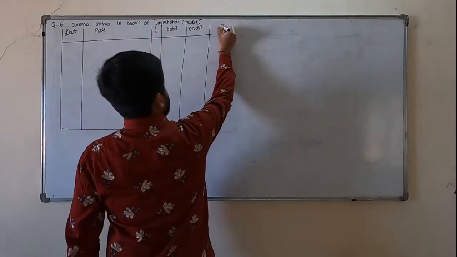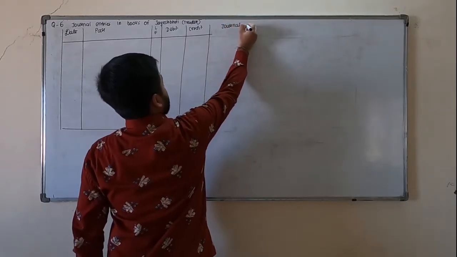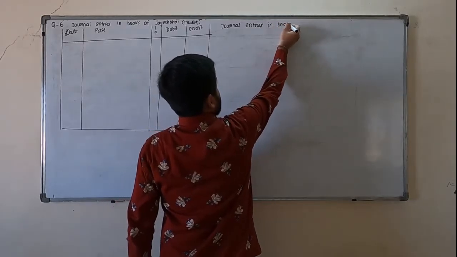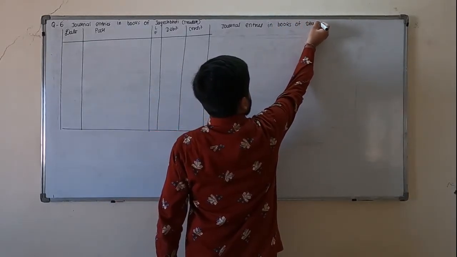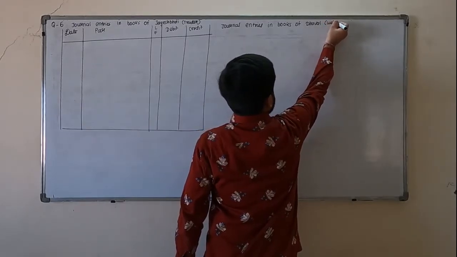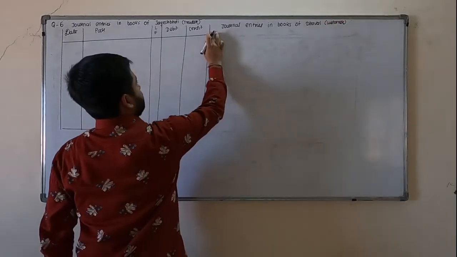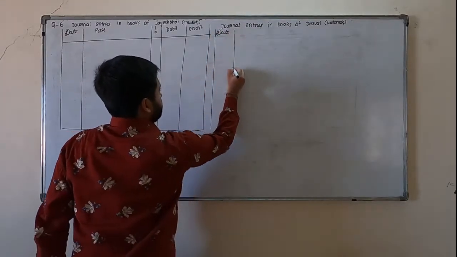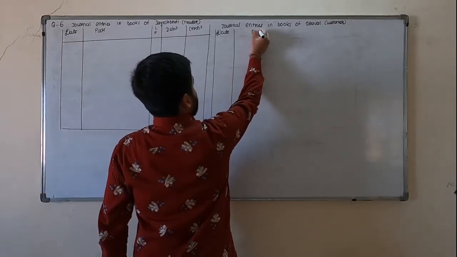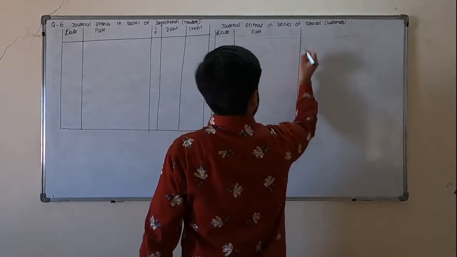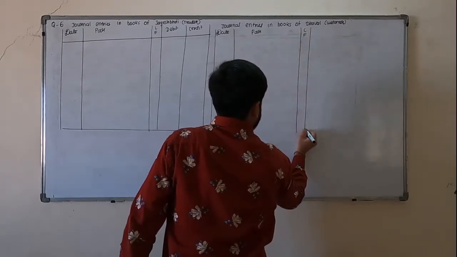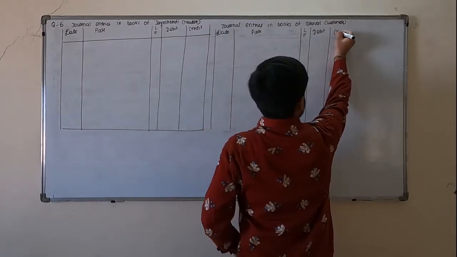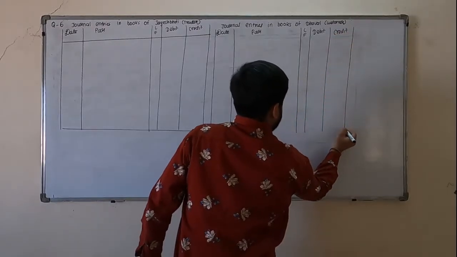Okay, here journal entries in books of Dhaval. Dhaval is customer. Date, particulars, LF, debit, credit.